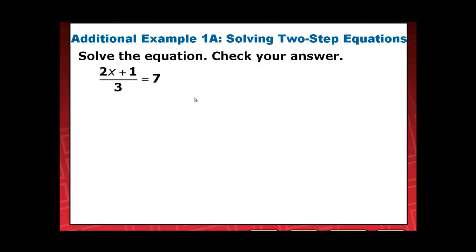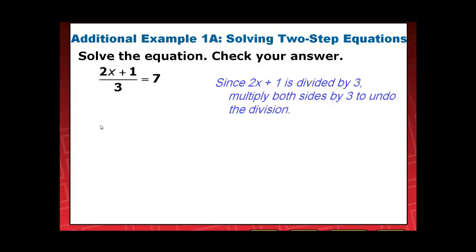by 3. Here, this is divided by 3. To inverse divide, we will multiply. So we will multiply both sides by 3. 3 will cancel with 3, and 3 multiplies 7.